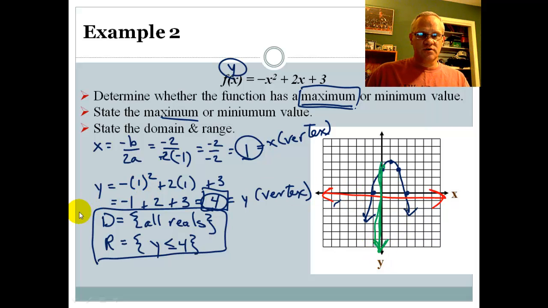So all of your range would be what? Starting at 4, and all of the numbers that are less than or equal to 4. So if you smashed it all onto the y-axis, it would start at 4 and go down. Or if you smashed them all onto the x-axis, it would cover everything.